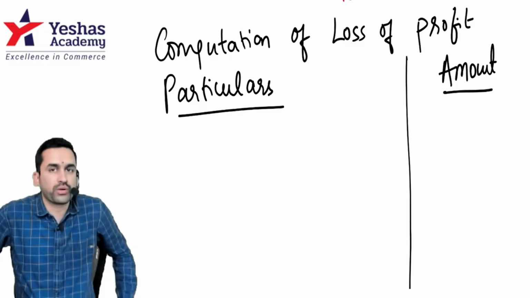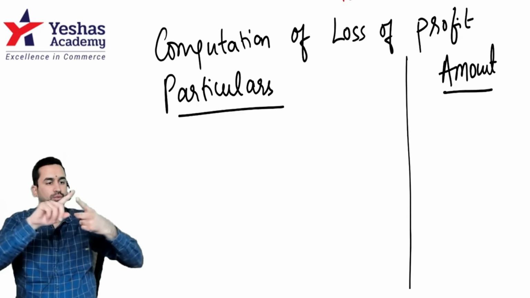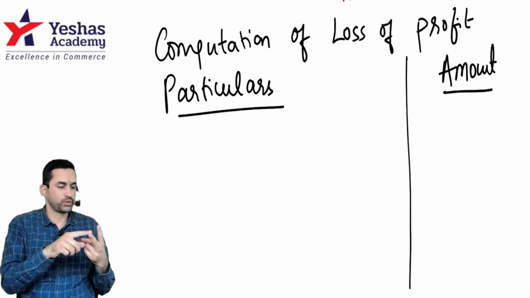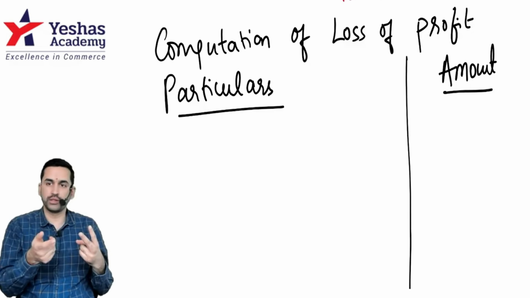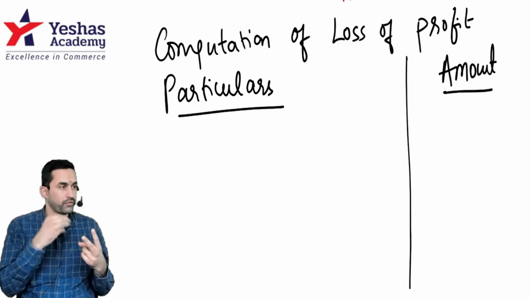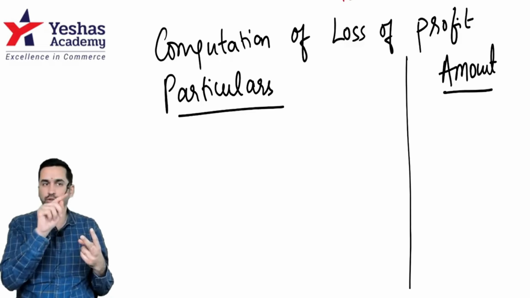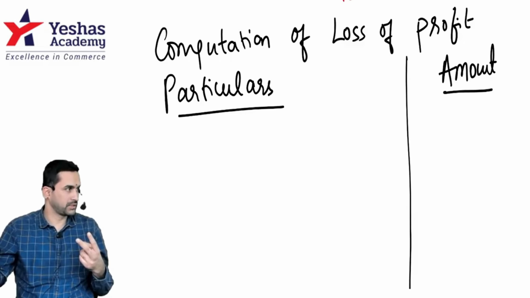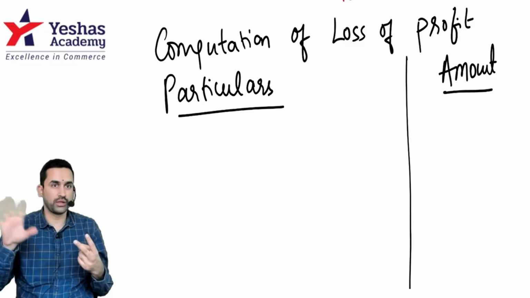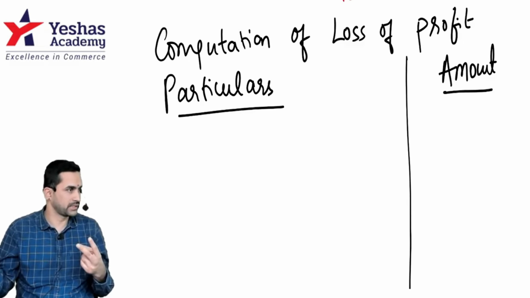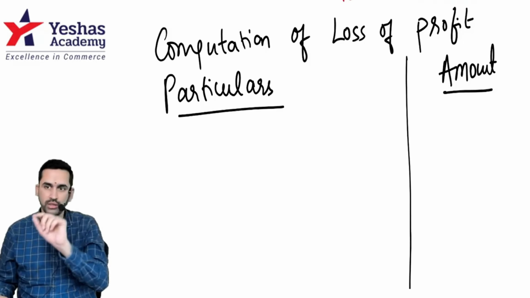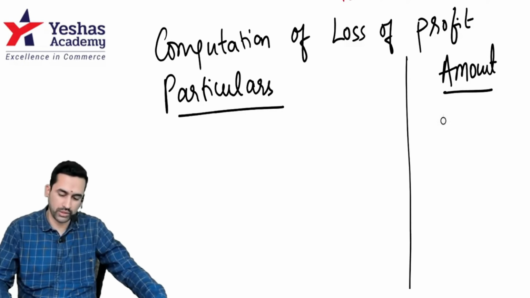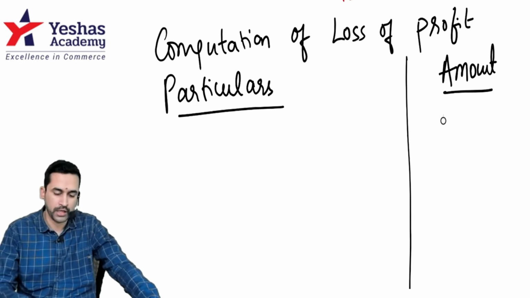One second. Let me explain and you try. I think first I should take the loss of units 2,000, then plus 10,000. So the total loss of units will be 12,000 units. But I want to know the loss of profit in rupees. That means I should be doing 12,000 units into 180 rupee into 20% margin. That 180 is the price, not the profit. Into 20%, that is 36. So 12,000 units into 36. That will be one number. Done. After that, you tell me what else I should consider.